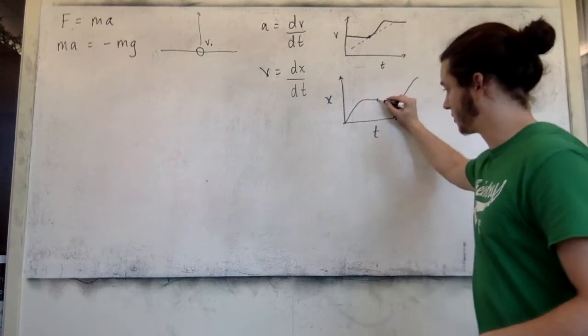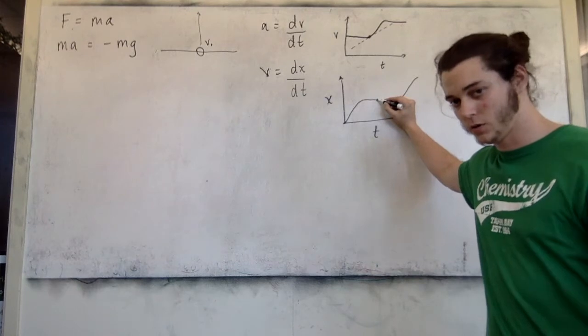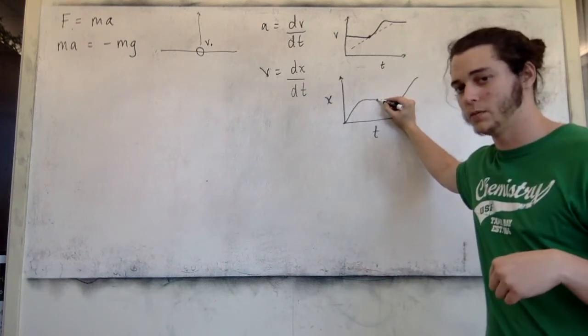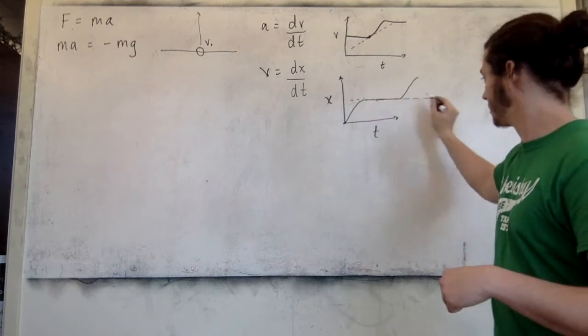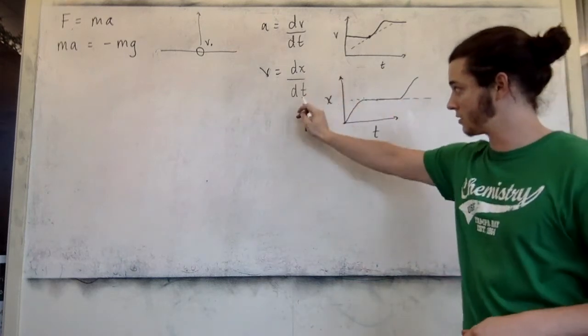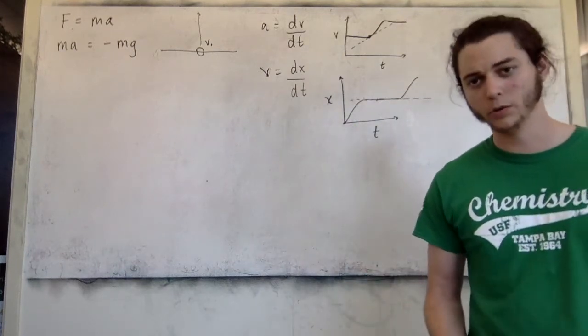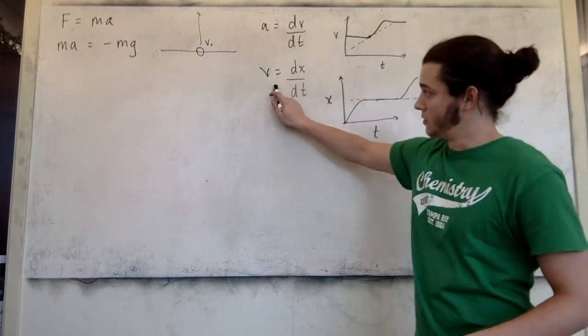During these moments, it's staying in the same place. If it's staying in the same place, the speed is 0. The velocity is 0 because the way that position changes with respect to time is that it isn't changing. So here you can say that the velocity is 0 because it's dx/dt, right? So it's pretty intuitive once you get a little bit of practice and you see it more and more. So this is acceleration, this is velocity.